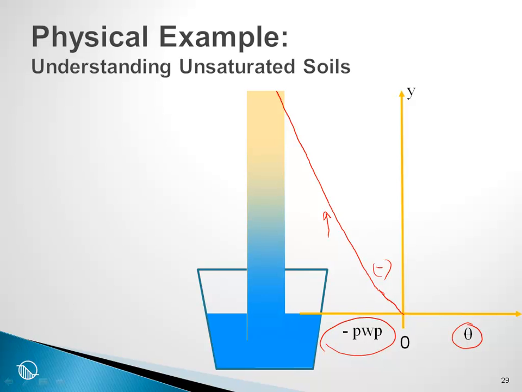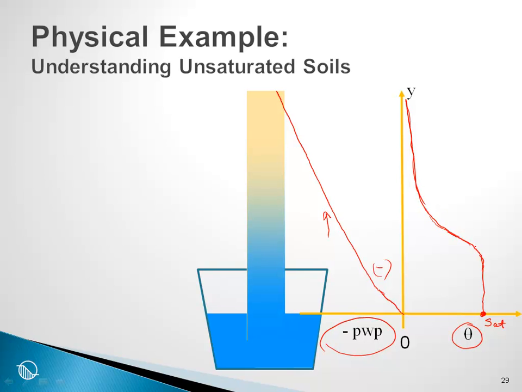Now you all probably would also be able to say that at the level of the water, the water content is equal to the saturation water content. And then we have a capillary zone where the water content doesn't change very much, it remains saturated. But then as the pore pressure begins to increase, the water content in the paper towel diminishes, and finally we get into a very dry area of the paper towel.